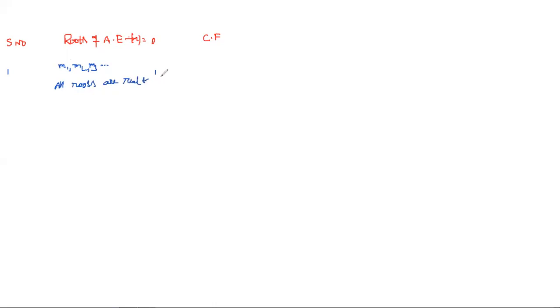After finding the roots, suppose we got them as real as well as distinct. Then in that case, how to write it? C1 e power m1x plus C2 e power m2x plus C3 e power m3x plus and so on. So like this you need to write. It means suppose after finding the roots, we got them as 1, 2, 3.